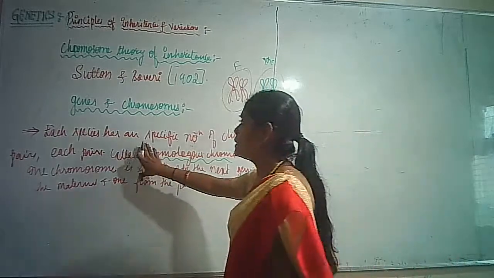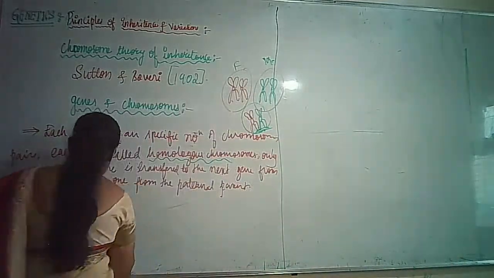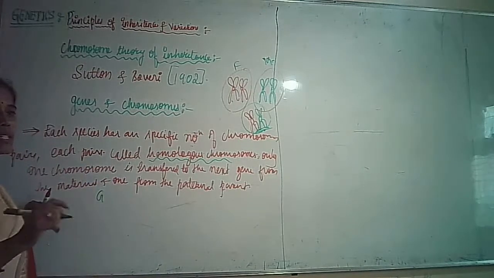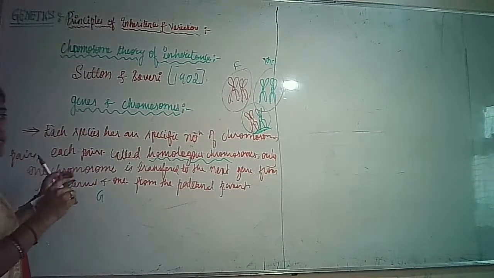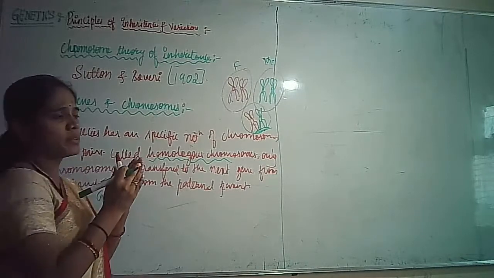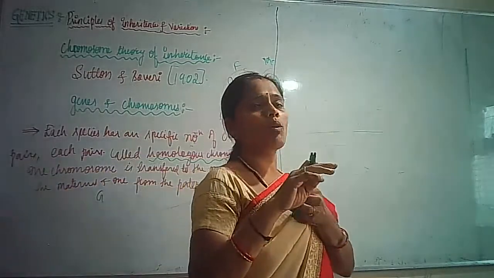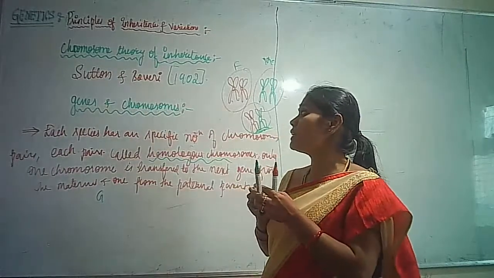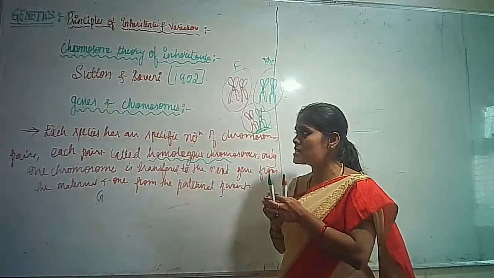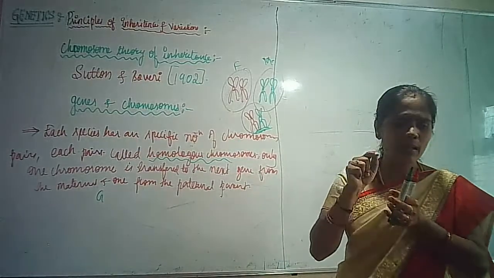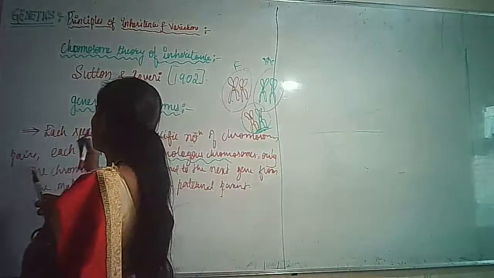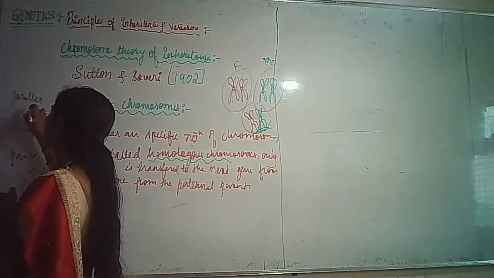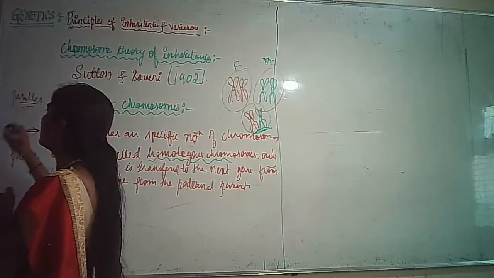This is about the chromosome. What about the genes? Genes are a pair of alleles; genes are also present in a pair. What they said in the chromosomal theory of inheritance is that there is a parallelism between the genes and the chromosomes.